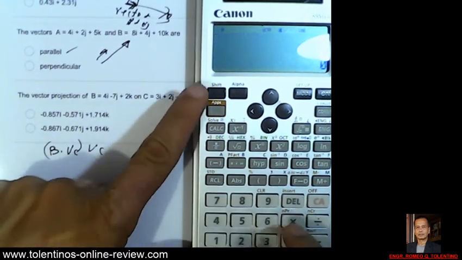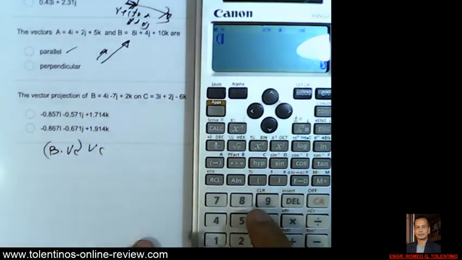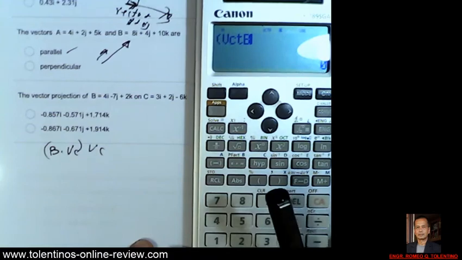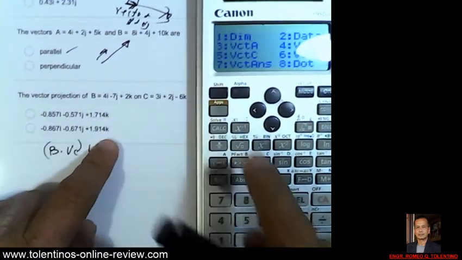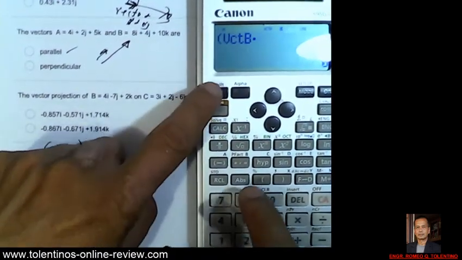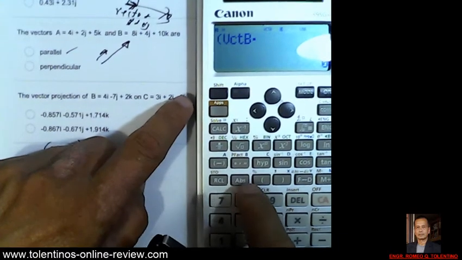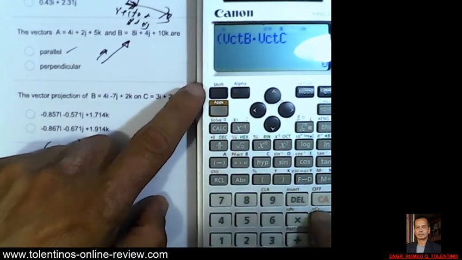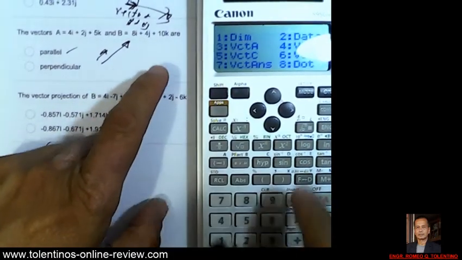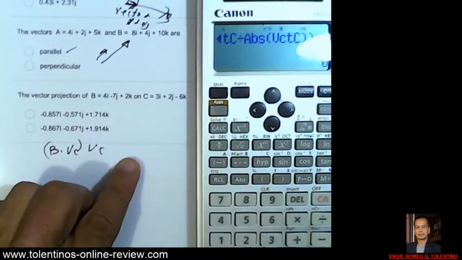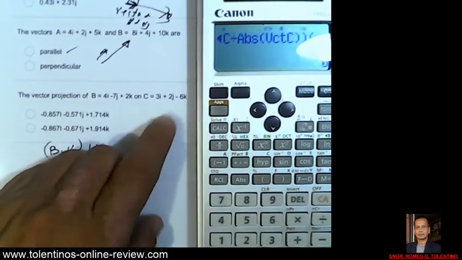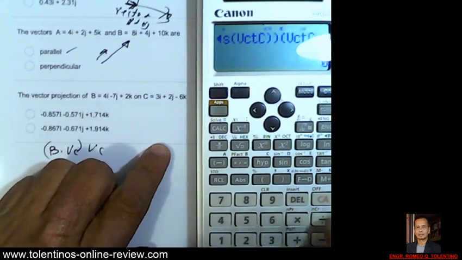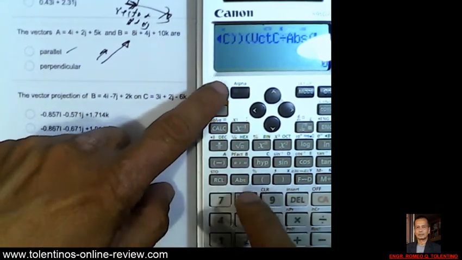Okay, so we have shift apps 4, shift apps 7, 8 pala dot shift apps 5 divided by absolute value of shift apps 5, okay, and then multiplied by the unit vector C, shift apps 5 again divided by the absolute value of shift apps 5.